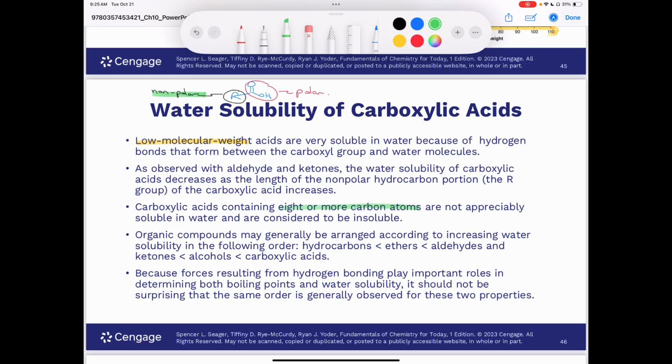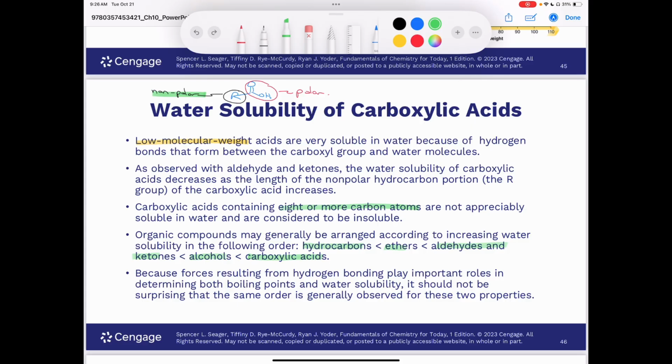So organic compounds may generally be arranged according to increasing water solubility in the following order. Hydrocarbons are the least soluble, then we go to ethers, then aldehydes and ketones, then alcohols and carboxylic acids are the most water soluble of all these different functional groups.